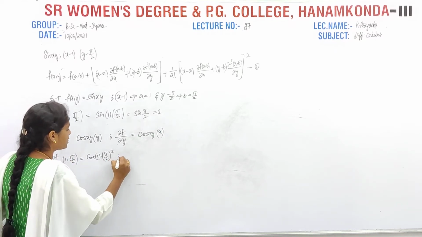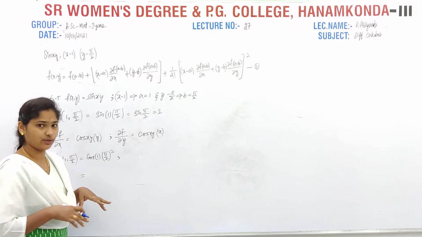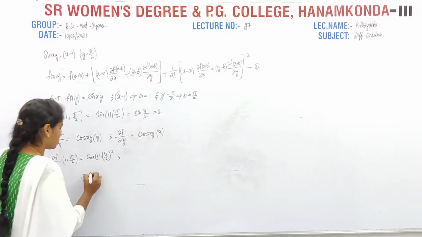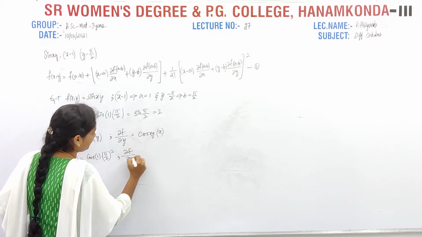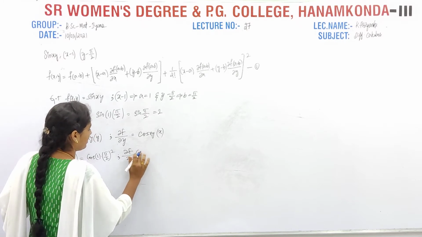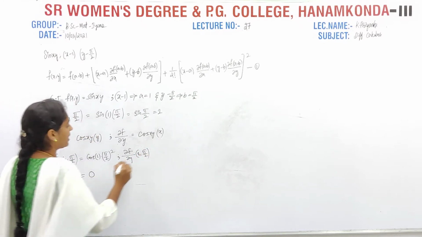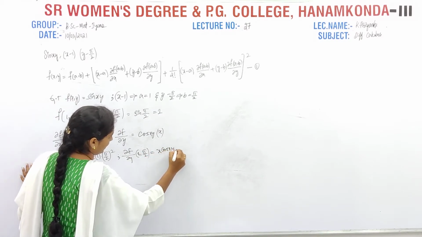The next thing is cos of 1 into pi by 2, that is cos pi by 2, and cos pi by 2 is nothing but 0, so simply it is 0. Next, dou f by dou y at 1 comma pi by 2: again we get the same thing, x into cos xy.